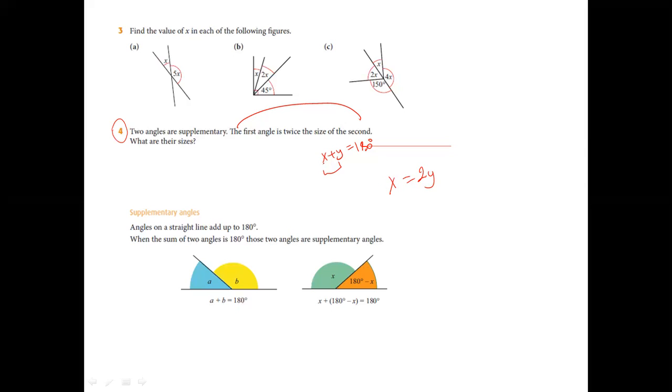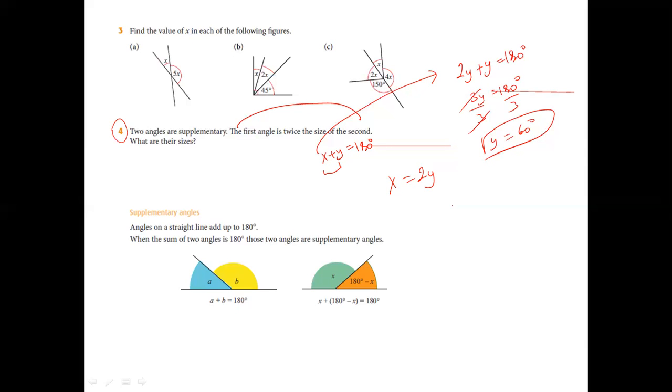Now you can put 2y in the place of x. So 2y plus y is equal to 180. Now we rearrange the equation so that you have just one variable: 3y is equal to 180 degrees. Simplify by 3, and y is equal to 60 degrees.